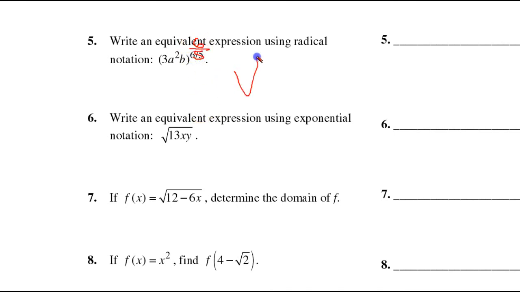So we use our radical sign. This is our base, which will become the radicand. Now, our index number is the denominator of the fraction. So the 5 goes there. And then we can put this in parentheses and raise it to the 6th power.